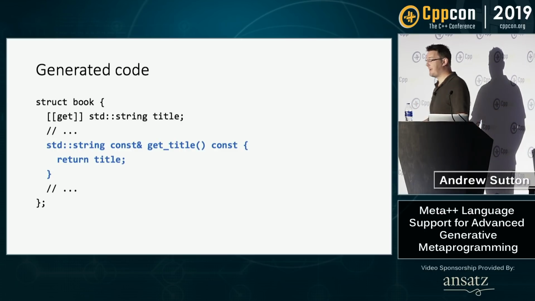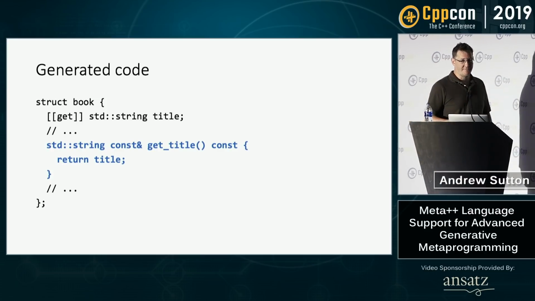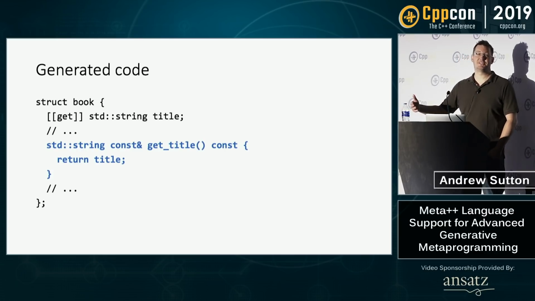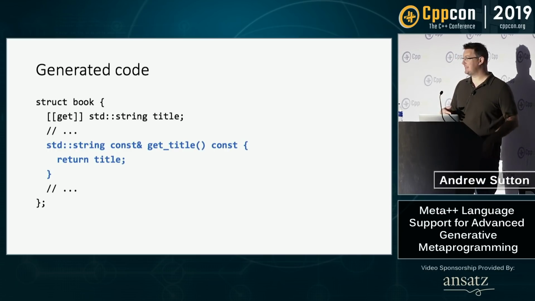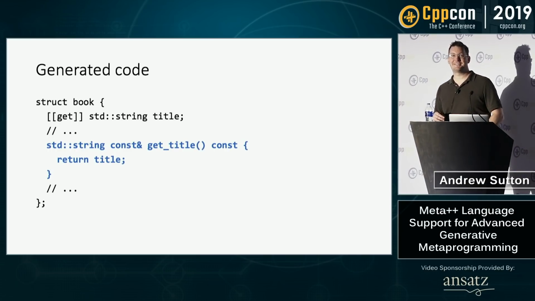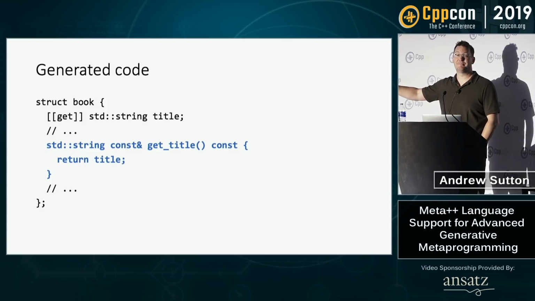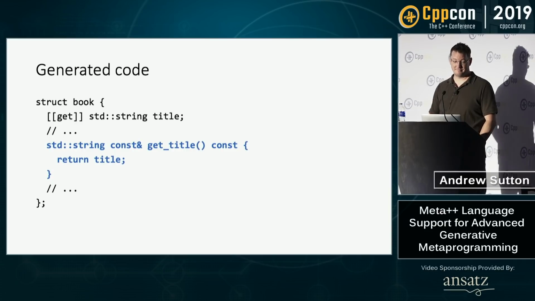This is basically the same pattern that you have when you write a class to begin with. If you have an inline member function definition, you're allowed to refer to member variables that haven't been declared yet. That's because all of the analysis of the definition is deferred until the end of the class. I think the magic keywords here are complete class context. So we do the exact same thing with injection. It's almost like you were writing this by hand, which was kind of the goal, emulating these things.